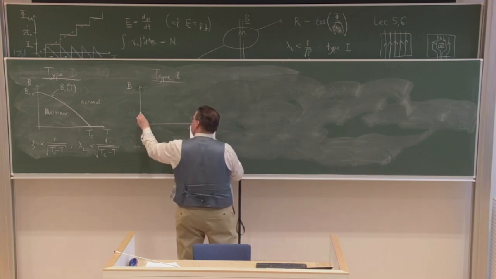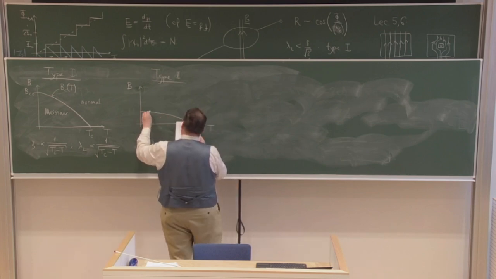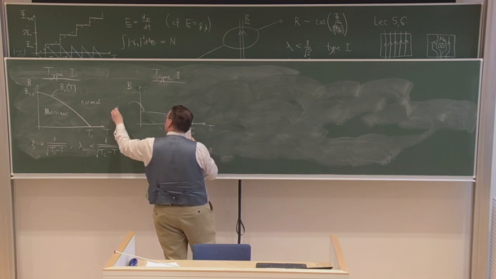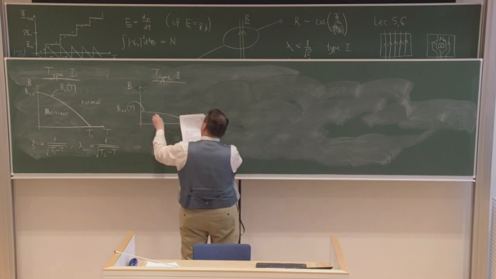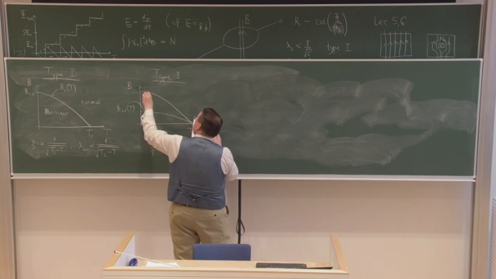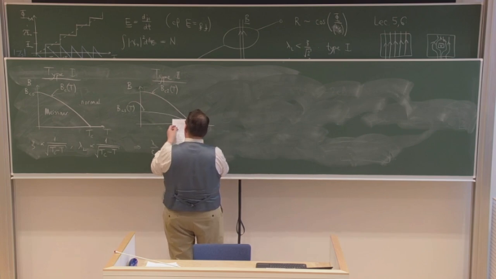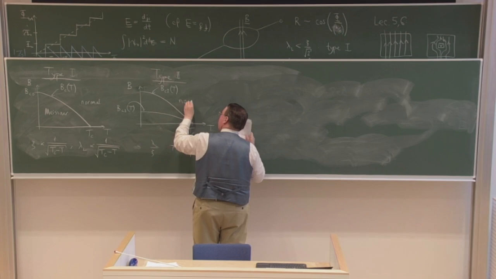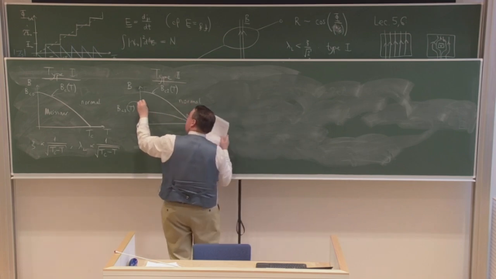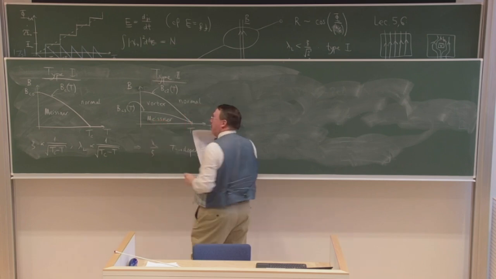But now what you will have is some lower temperature line, which we might call, because people do call it that, BC1 of temperature, and an upper critical line, BC2 of temperature. And so now we have three phases. We have the normal state, we have the vortex state, and we have the Meissner state.